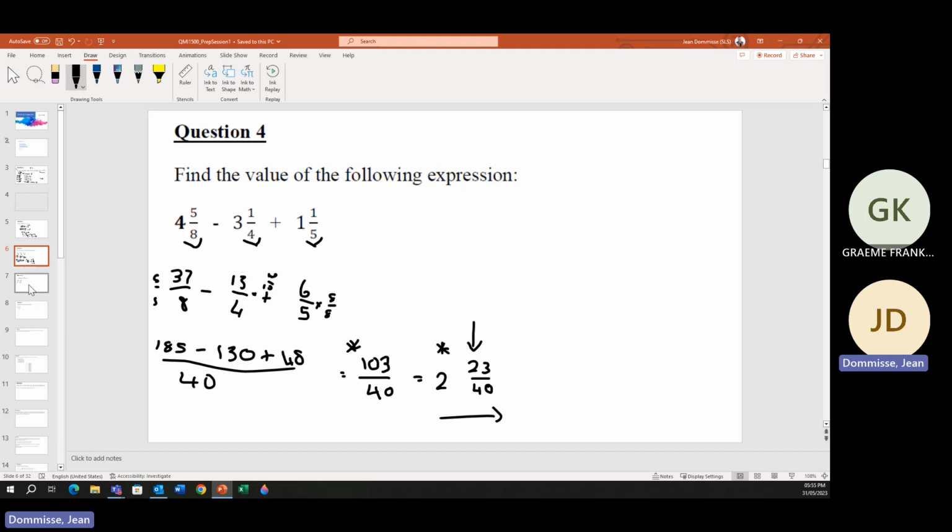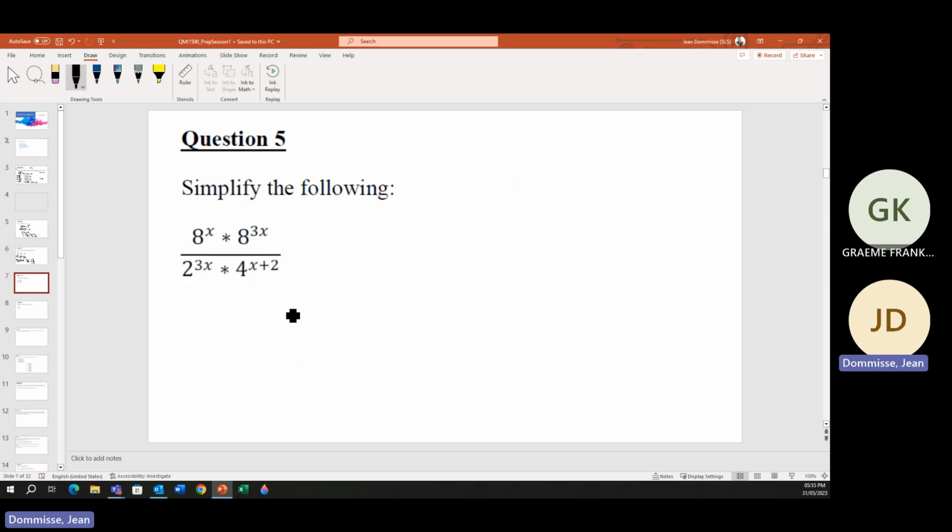Then the next one is simplification, but now we are using exponents, we're using different denominators, we have a few different things. So what we can do is simplify this in a few ways.